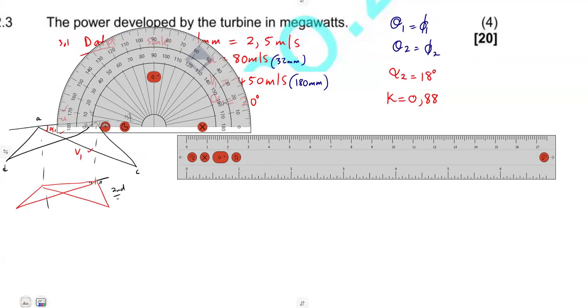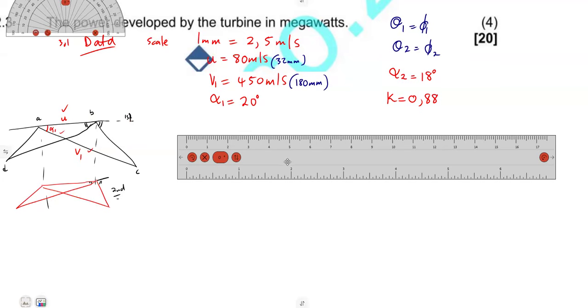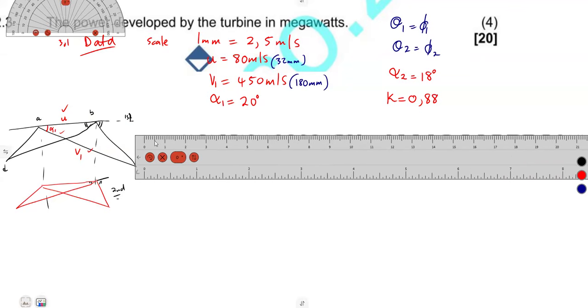Let me just try to be close to the sketch so that we can properly see what is exactly happening here. So this is what you're going to have.